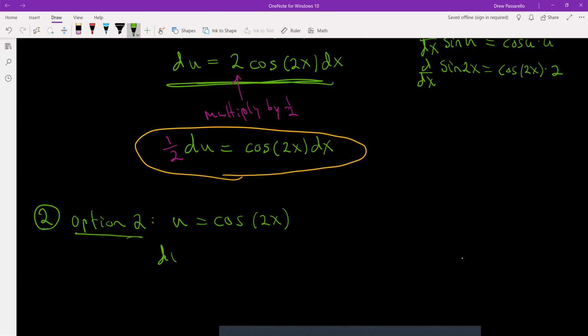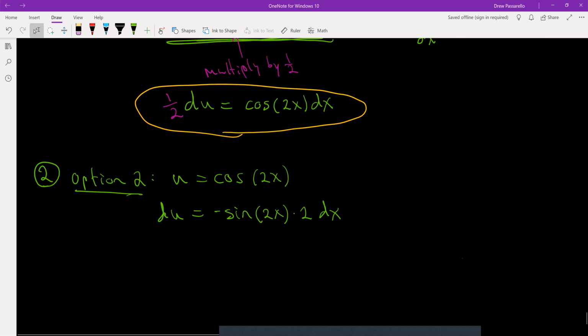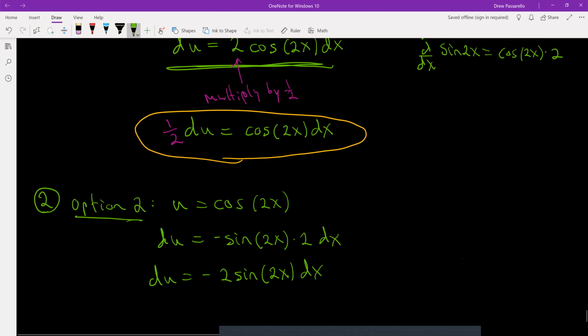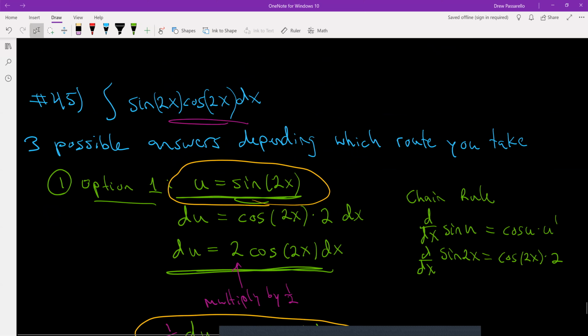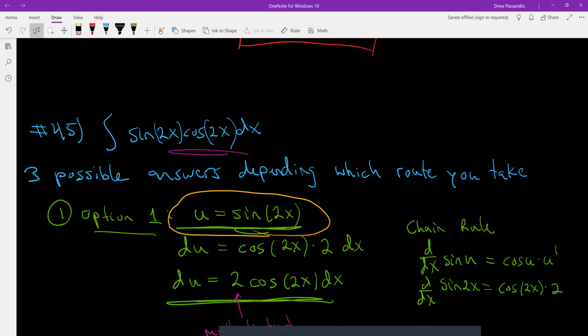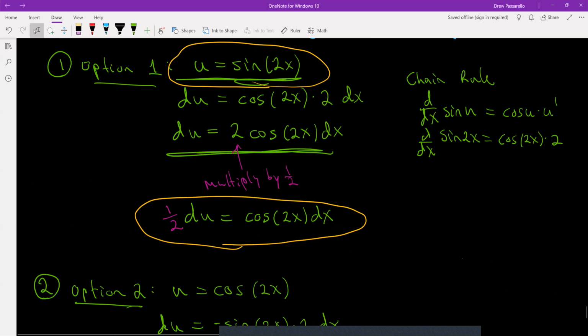So du will become, derivative of cosine is negative sine, so it's negative sine of 2x, and then derivative of 2x is 2, so times 2, and then dx. So du would be negative 2 sine of 2x dx. And in the problem, it just has sine of 2x. It doesn't have that negative 2.